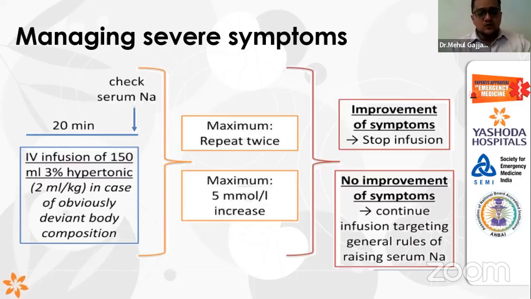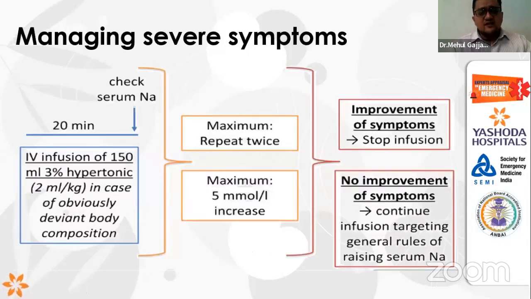If there is no improvement of symptoms after 3 boluses, then you correct the sodium level according to the general rules of raising serum sodium. That is, you calculate the deficit and then start the infusion according to that. Now, the American and European guidelines differ here.